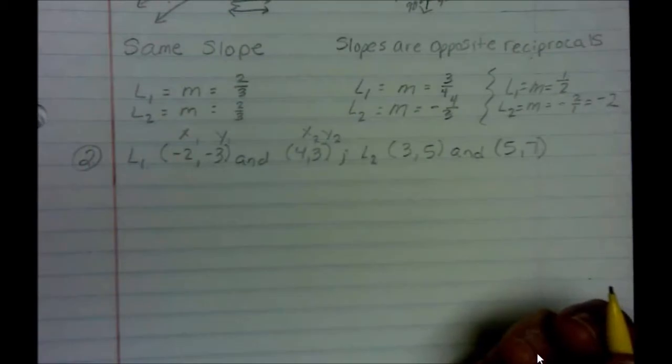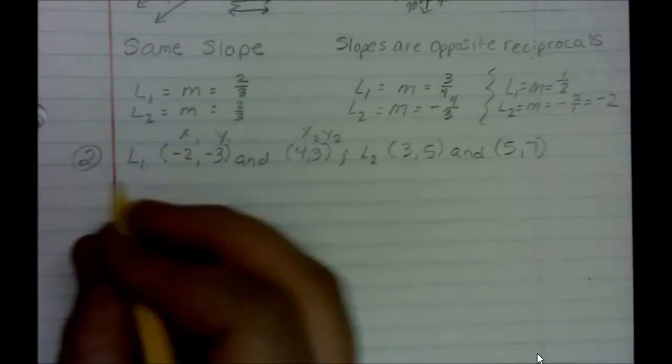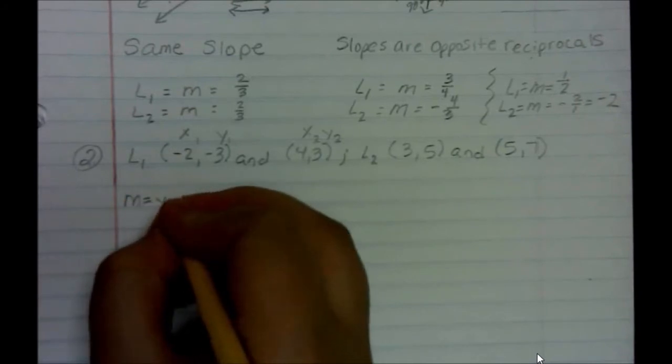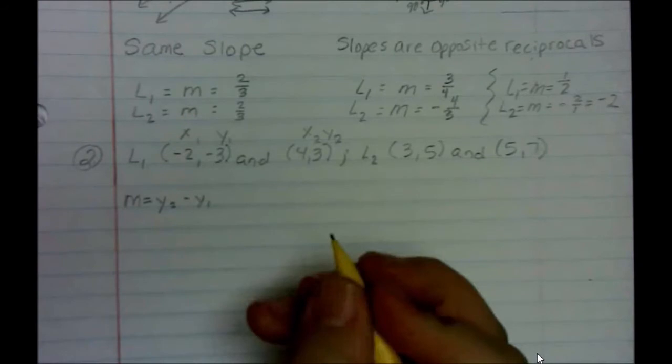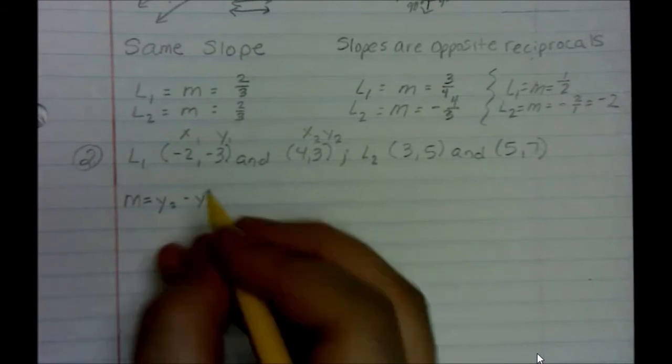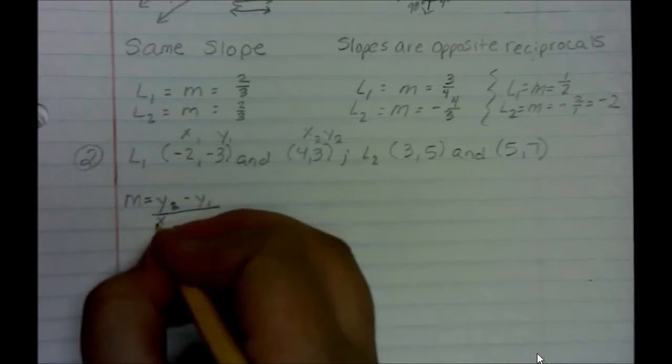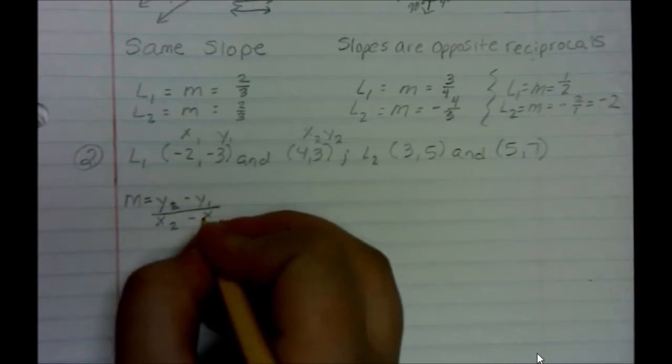So I use that formula of m equals y2 minus y1, that's a 2, it looks like an equal sign, but it's a 2, over x2 minus x1.